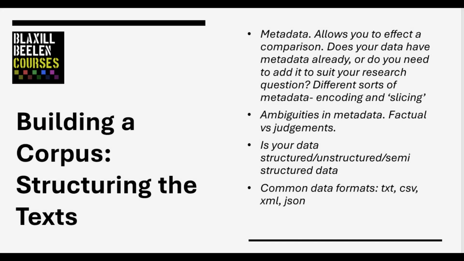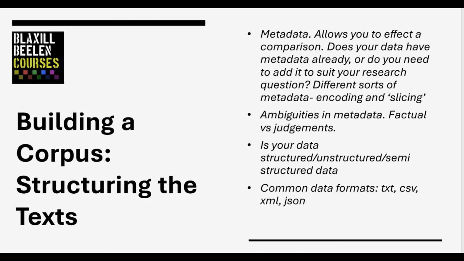So after we've selected the texts and then collected them, the third question when it comes to building a corpus is how we actually structure that corpus. Now this will all depend on something called metadata, which is essentially data about data. In this sense, what we want to do is to use the metadata to be able to make comparisons in the text, as I explained earlier.